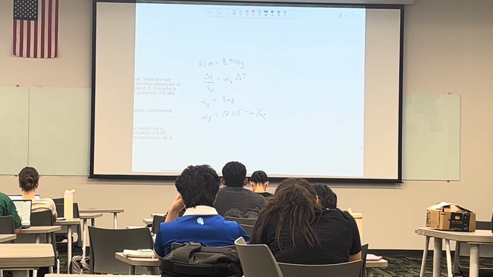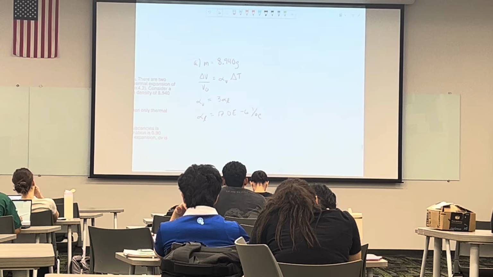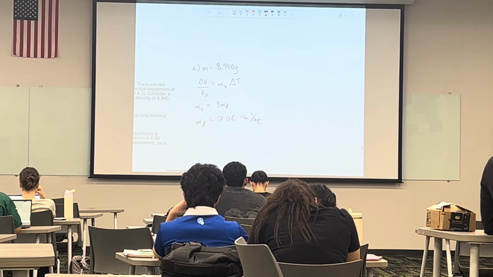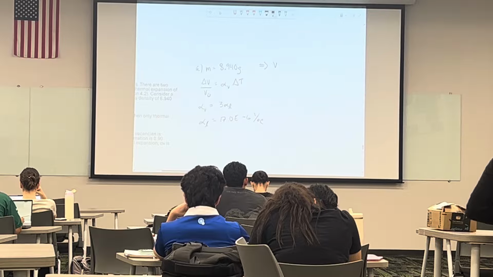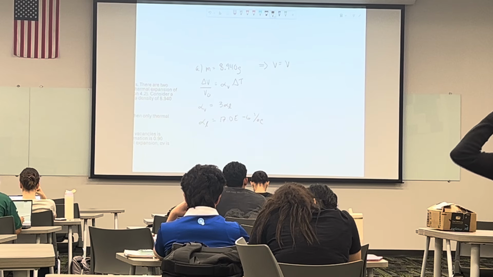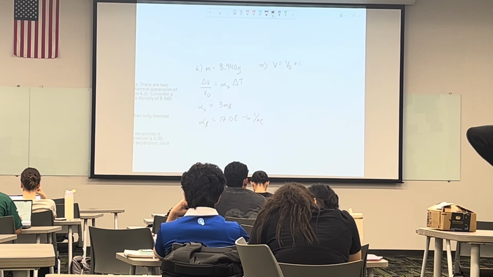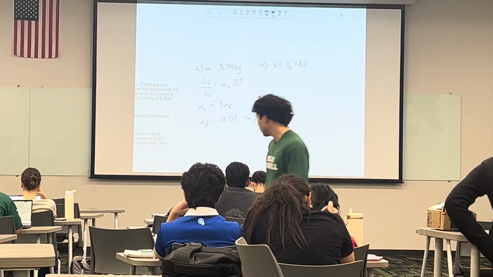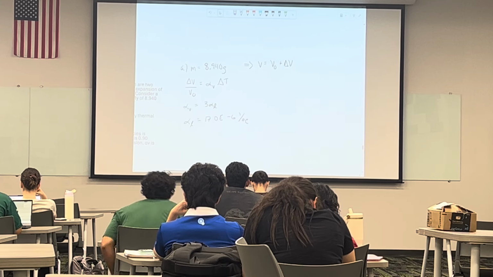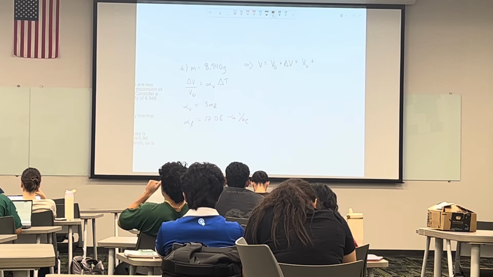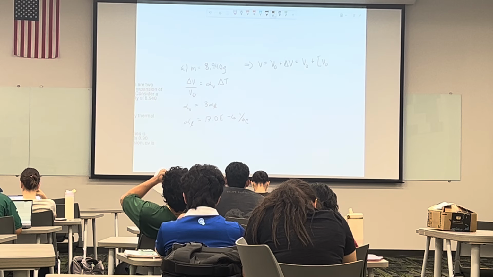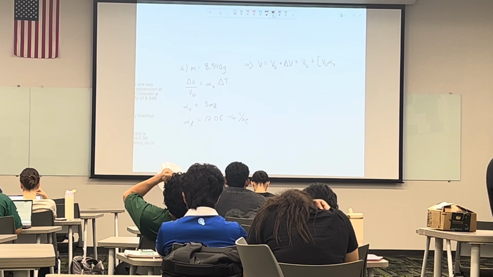So the volume of the specimen of copper at 1,000 degrees Celsius, if we put that in, so volume is equal to the initial volume added to the change of volume. And that change in volume is equivalent to this here that I have in the brackets.